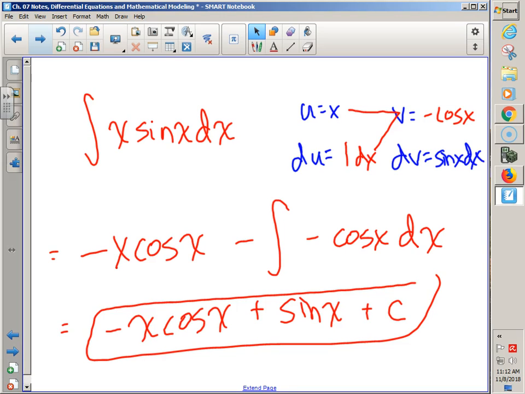I asked yesterday, and someone came up with it, which of these pieces would be simpler if derived? And they said x. So I made the u that gets derived in the formula x. The other piece, I sure hoped it gets integrated, and it does.